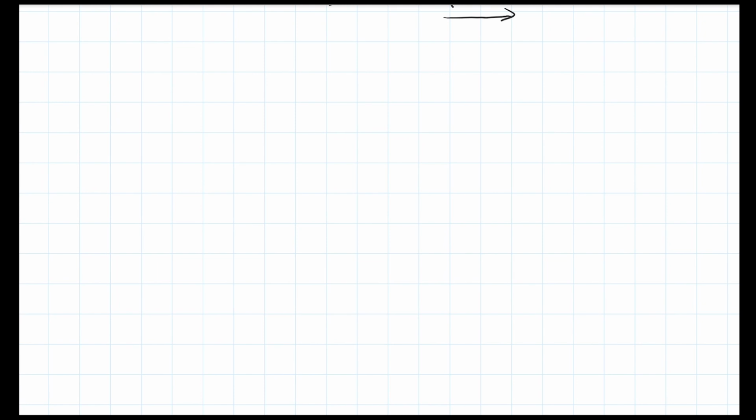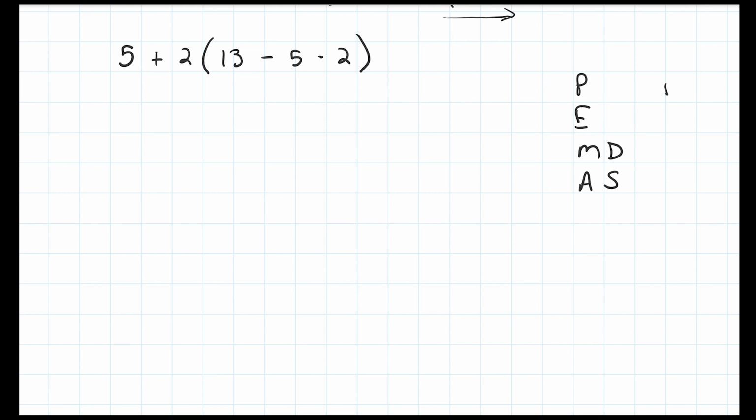If we had, as an example, the problem 5 plus 2 times, within grouping symbols, 13 minus 5 times 2, well, now we have to figure out how to solve this problem using our order of operations, or BODMAS. We see that grouping symbols come first.